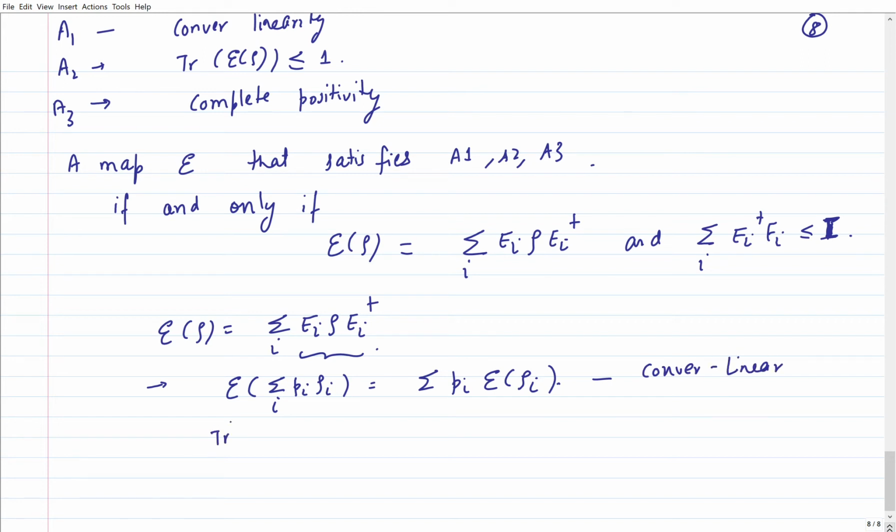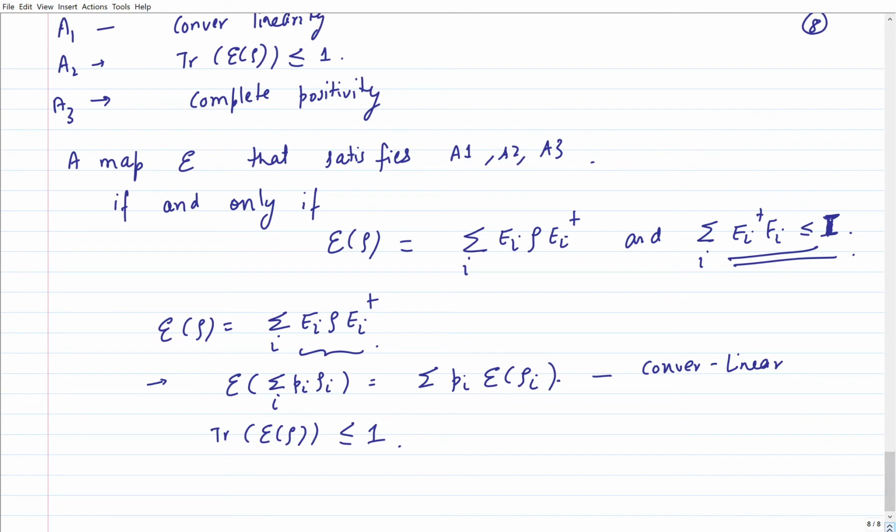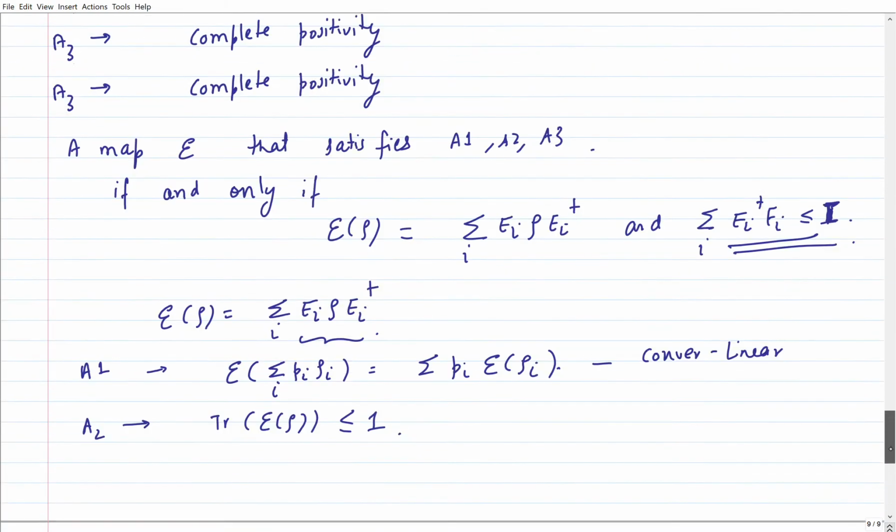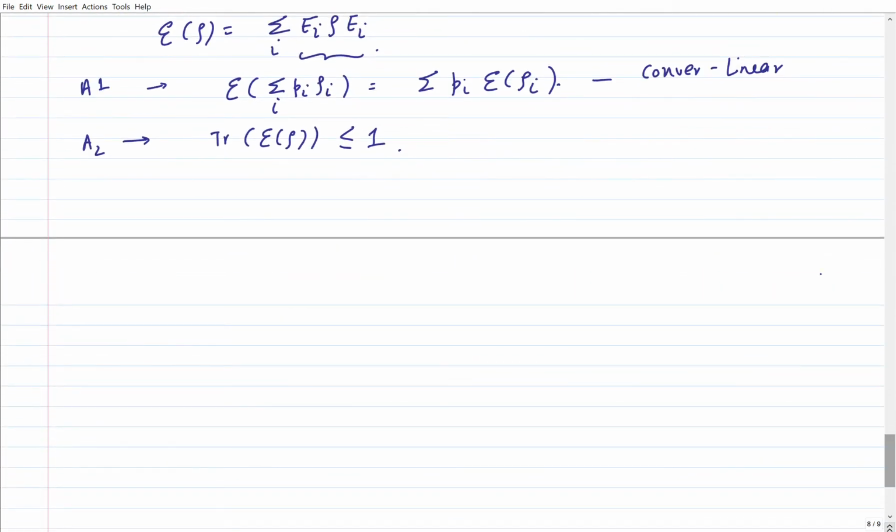Showing that the trace is less than or equal to 1 is simple. That comes from this condition. You can check. What about complete positivity? So I had this A1, A2, complete positivity.